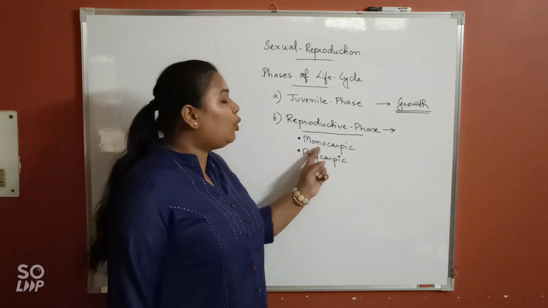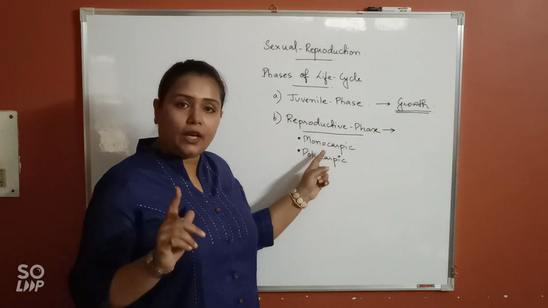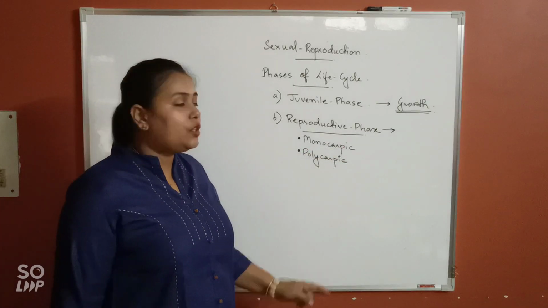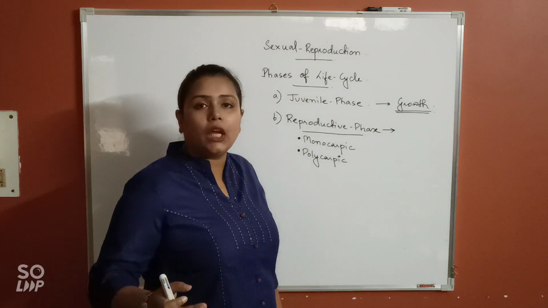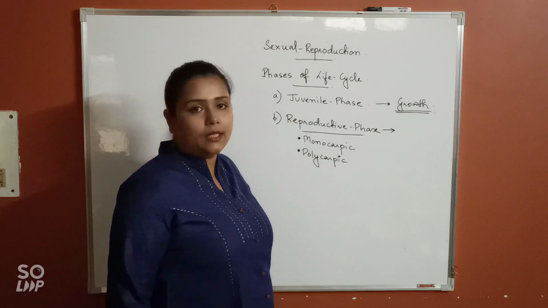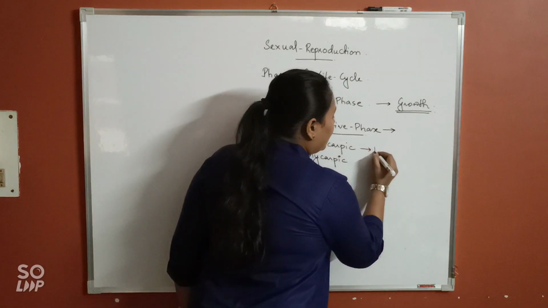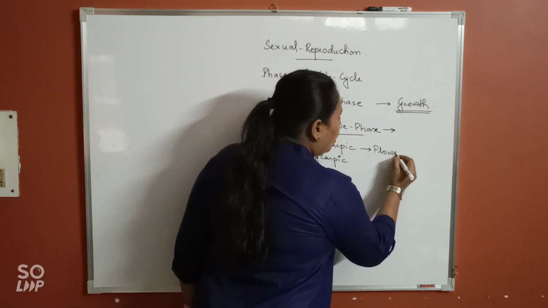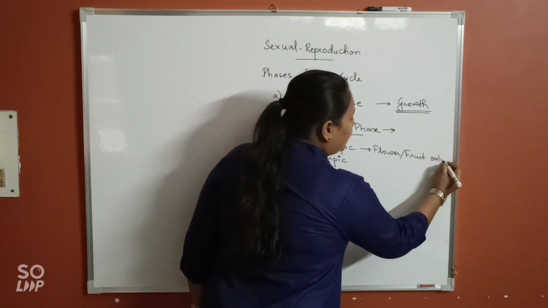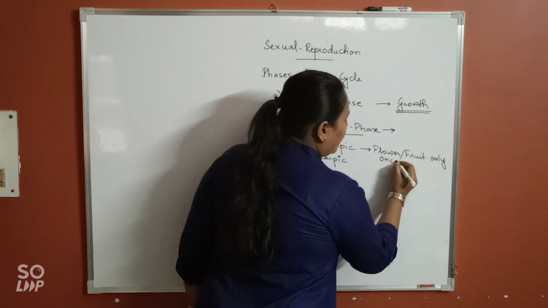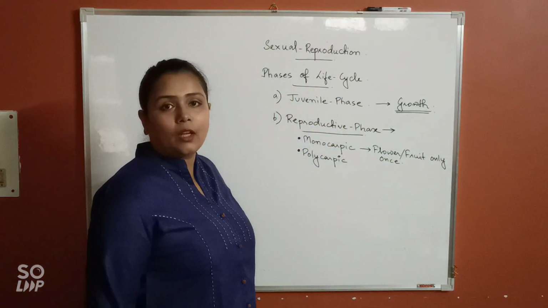Alright. Monocarpic means, mono means one, carp means fruit. So here the plants will be flowering or fruiting only once in their life cycle.